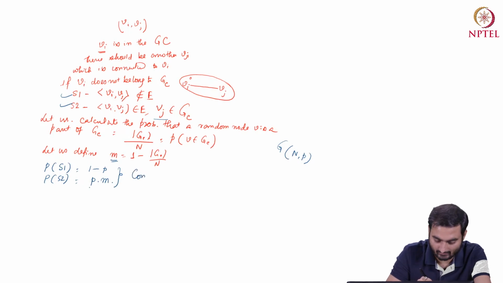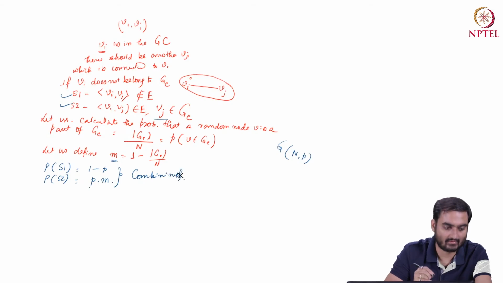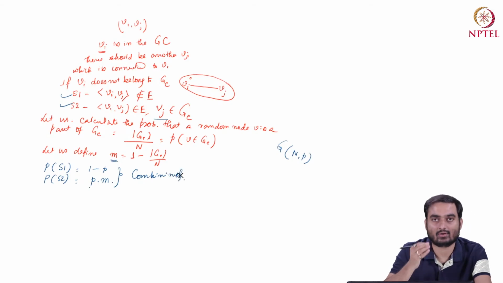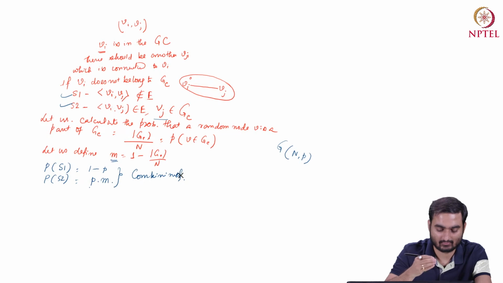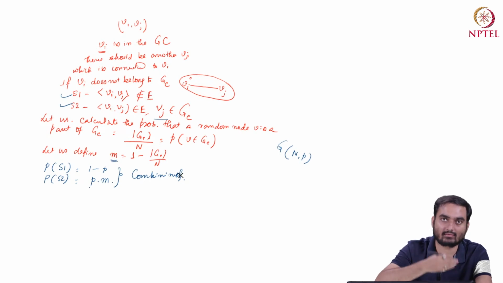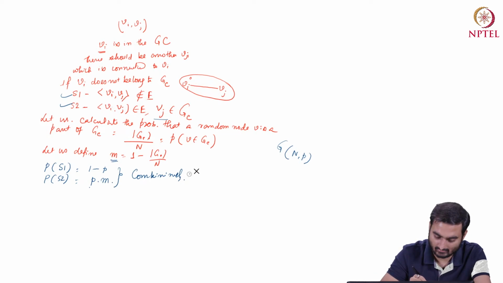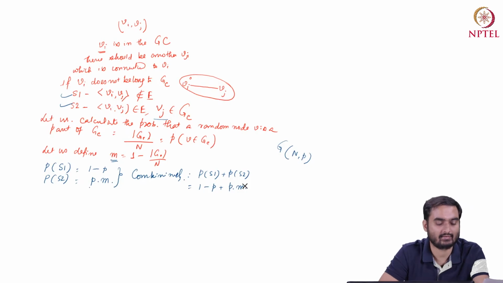Combining, what is the total probability that scenario 1 or scenario 2 will happen? P of S1 plus P of S2. This is 1 minus P plus PM.